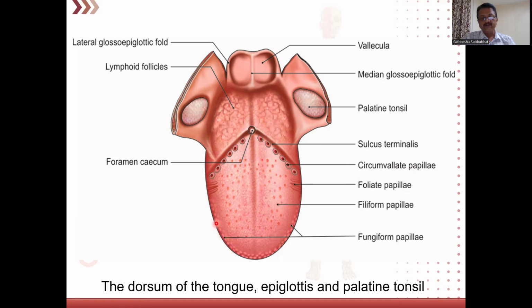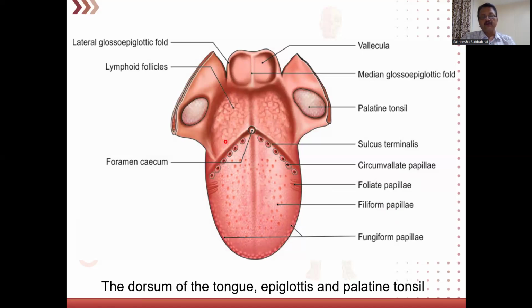And you can see the fungiform papillae along the margins and tip of the tongue. And in the dorsum, in the entire area, you can see the filiform papillae. A few papillae seen on the margin, so that is called foliate papillae.